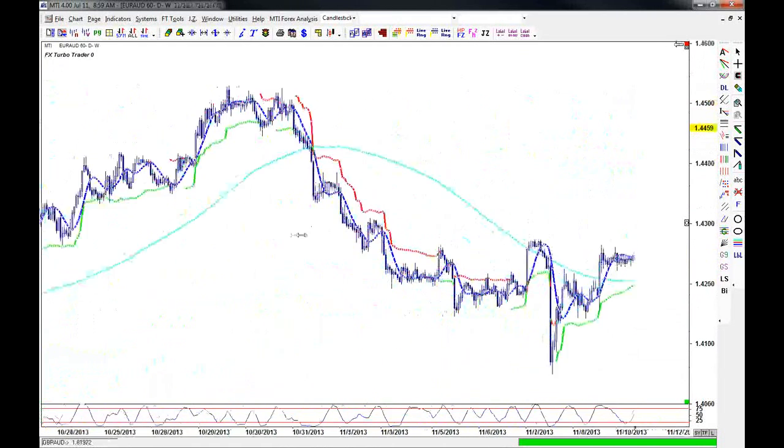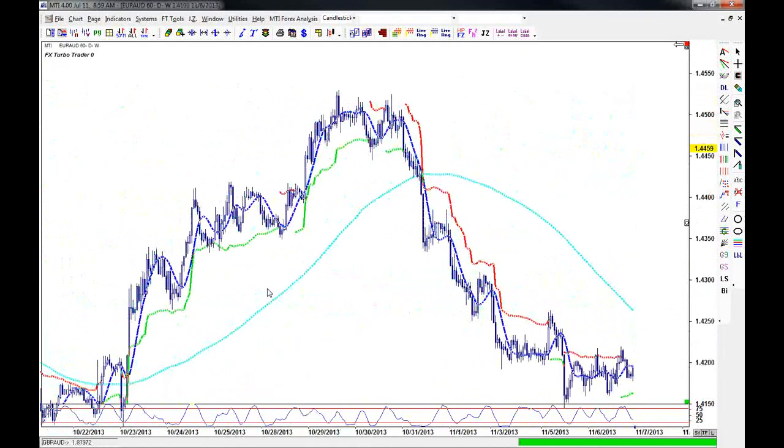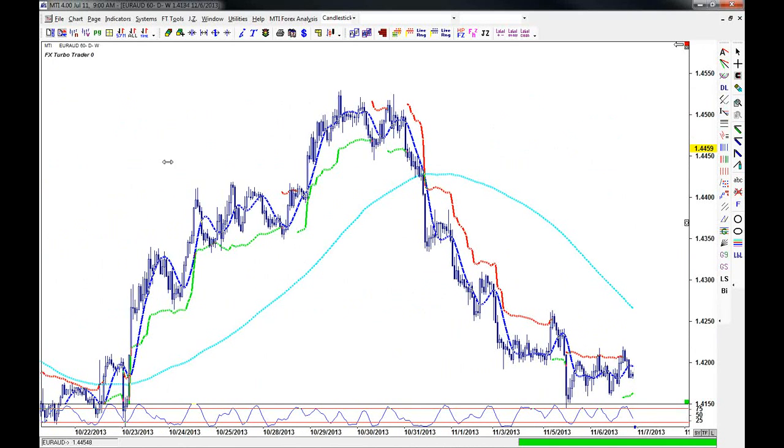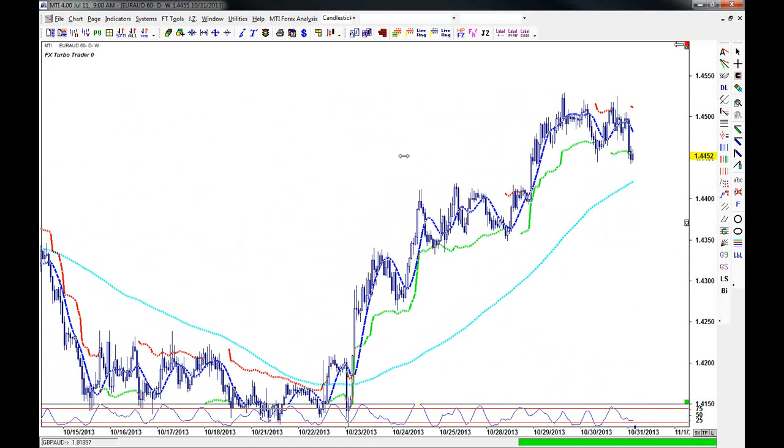The very first thing I bet you're noticing right now is this huge teal blue line. The first thing we're going to use, the teal blue line, is our indicator to tell us: is the market going up or is the market going down? As you can see here, when the candles are above this teal blue line, the market is going up.